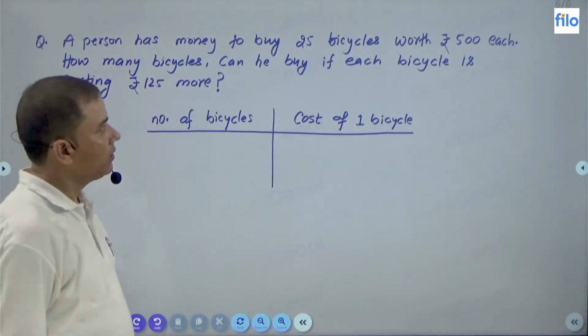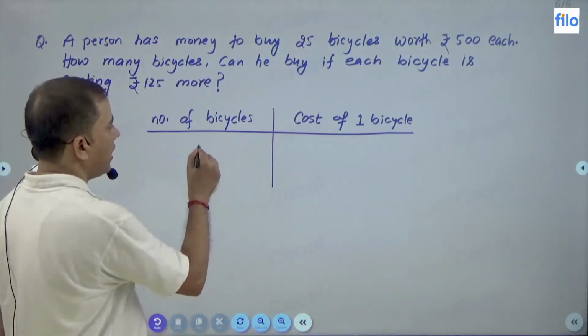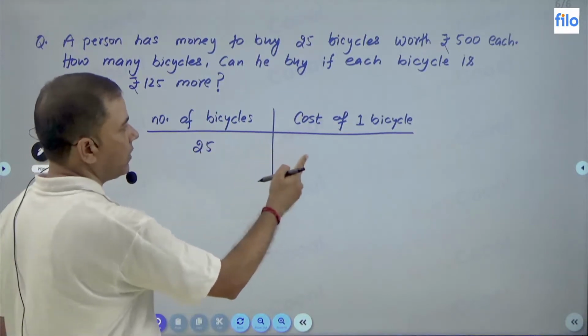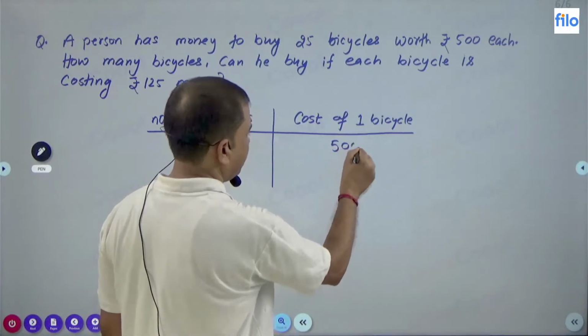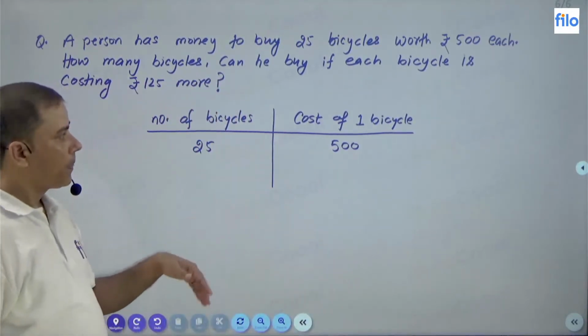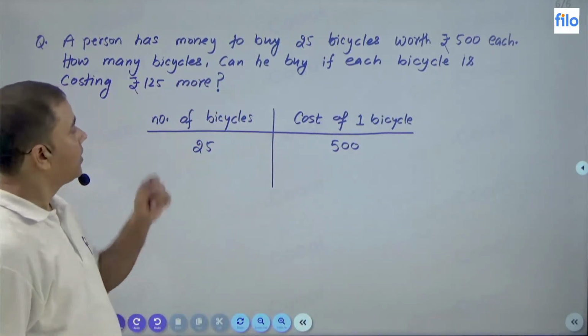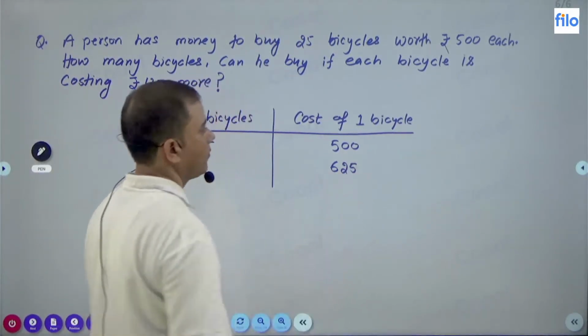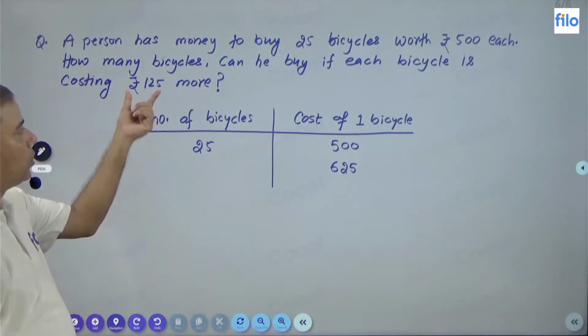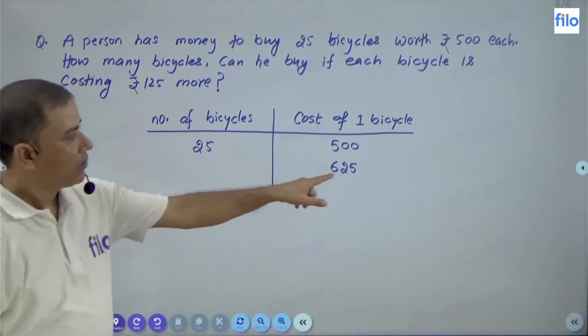According to the question, he could buy 25 bicycles earlier when the cost of one bicycle was 500. But now the cost of one bicycle is 625. It is telling 125 more. More means you will add. So 625.